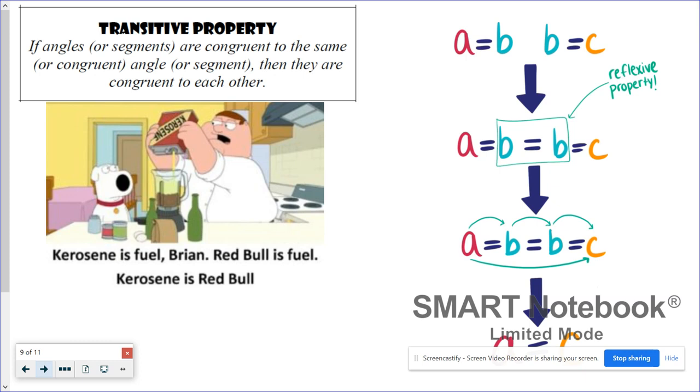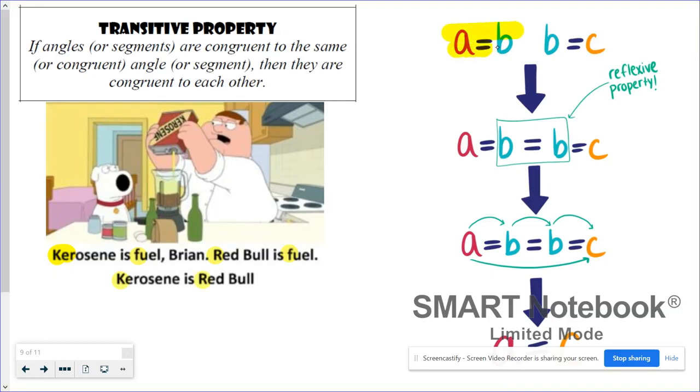So when you read the formal property on your summary sheet, it's kind of mind-boggling because it says if angles are congruent to the same angle, then they are congruent to each other. So if angle kerosene is congruent to angle fuel, and angle Red Bull is congruent to angle fuel, then angle kerosene is congruent to Red Bull.